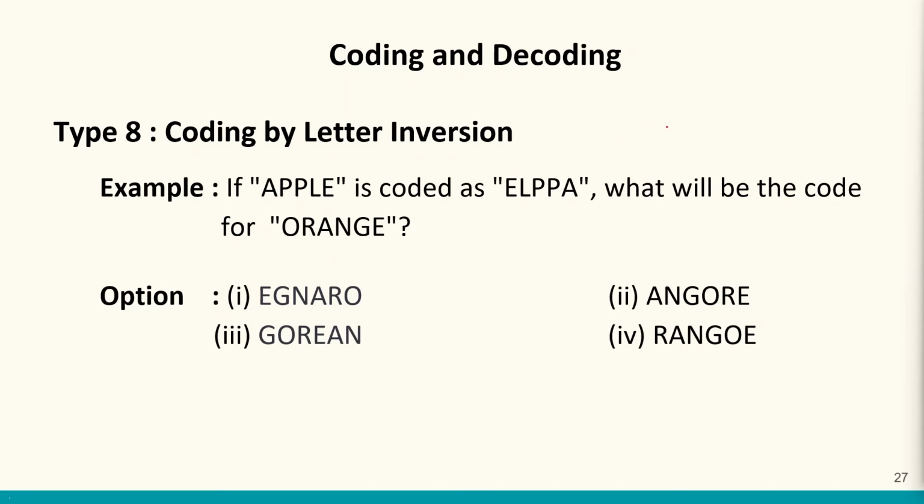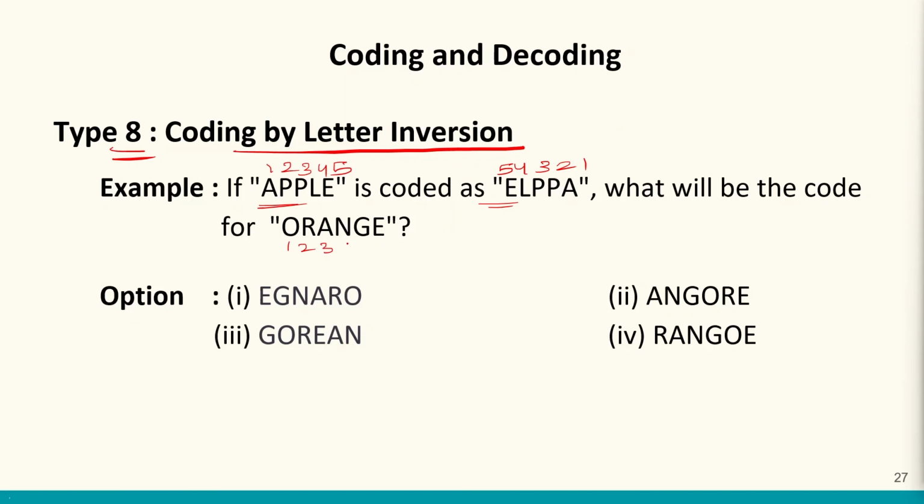Now this is the eighth type, which is coding by letter inversion. I gave you an example of apple, right? It is written in the reverse order. If we rank the letters like this, A 1 2 3 4 5, the code is 5 4 3 2 1. So we have to find the code for orange.